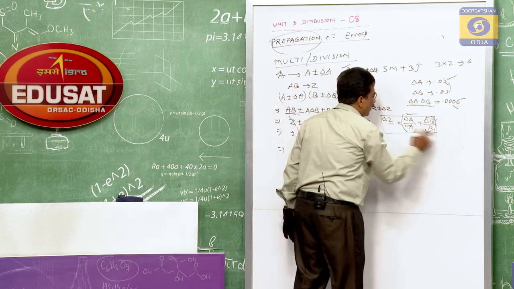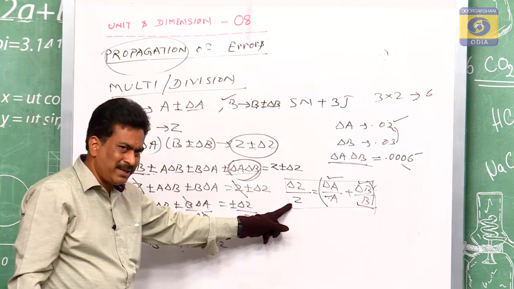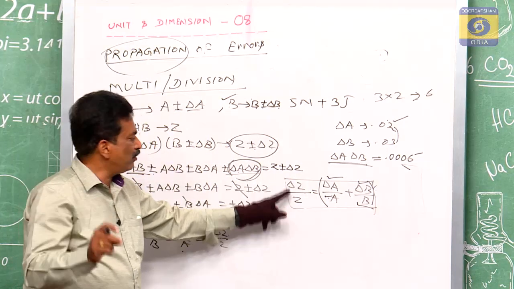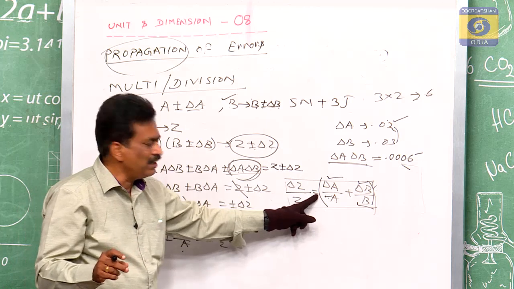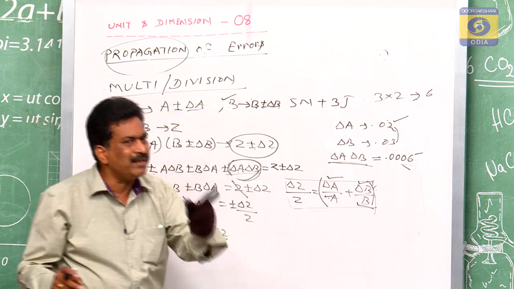To remember this, you make a note: the relative error of the multiplication is equal to the sum of the relative errors of the individuals.